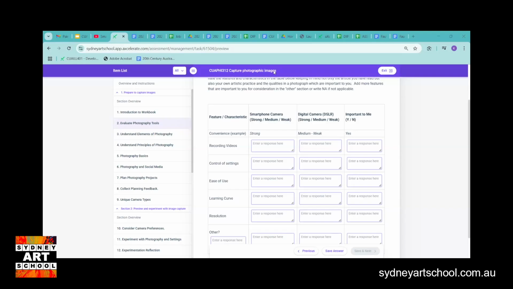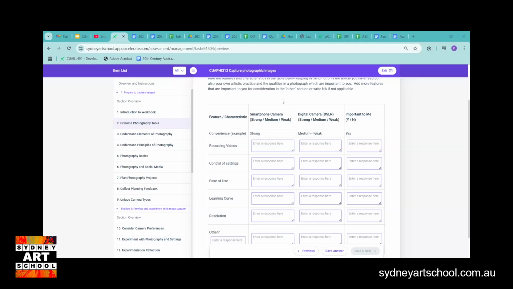I think that's fair to say, that a digital camera will give you better or higher resolution, probably better quality. So we'd say maybe digital camera is strong, smartphone camera medium or weak, and then you can make a decision for yourself about how important that is. Bhavani, you said it's quite important to you? It's important for me to record a video from a digital camera so it's not granular.